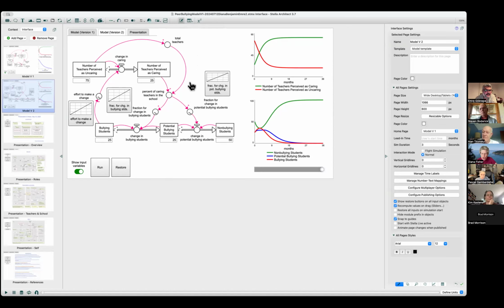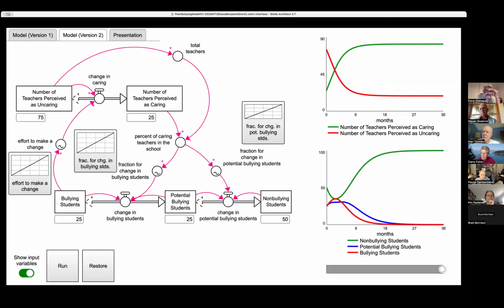Emre, did you want to say something? I'll put this back up to make it bigger. I have some answers to the comments, but before that, I was thinking about the structure of this small model.